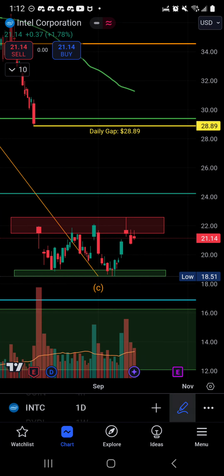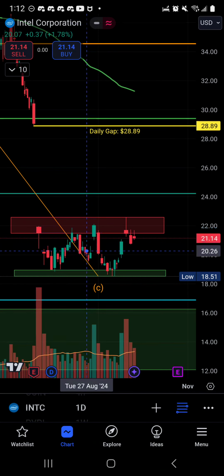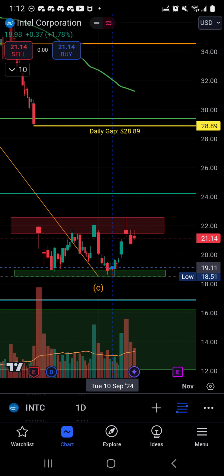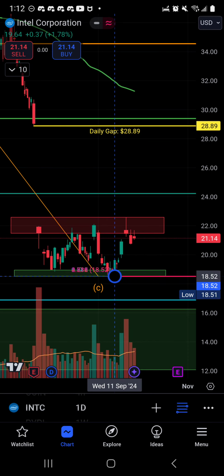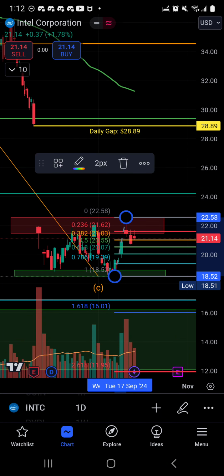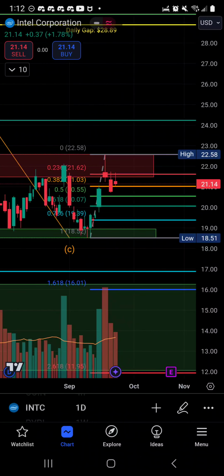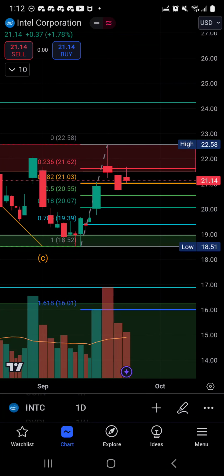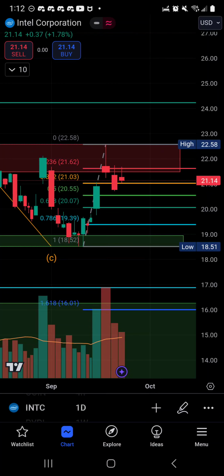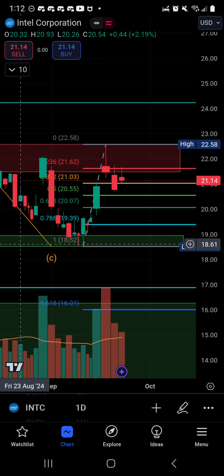So the price target would be, if you want to accumulate, you probably buy right here at maybe 19, anywhere between 2007 to 1852. That's your accumulation range.